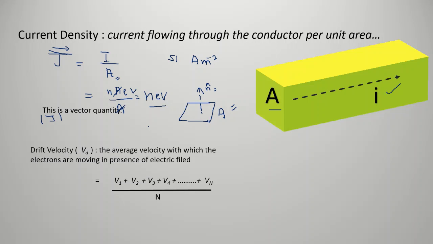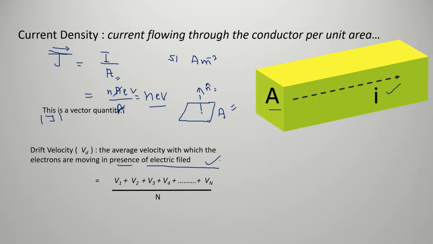Now drift velocity. As I have already said, we measure the average velocity of the electrons, and the average velocity with which all the electrons are moving is represented as drift velocity, and that is in presence of the electric field. So why do we name it drift velocity?